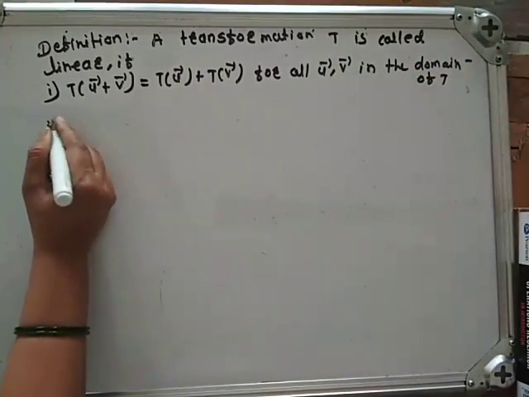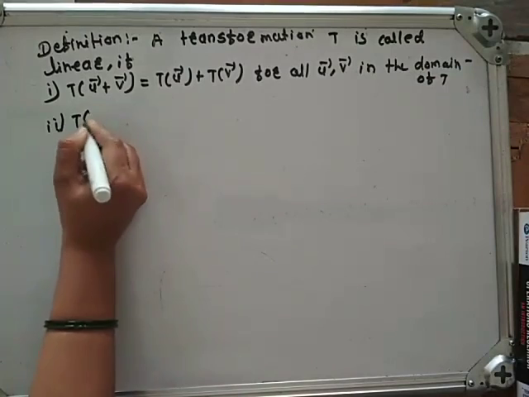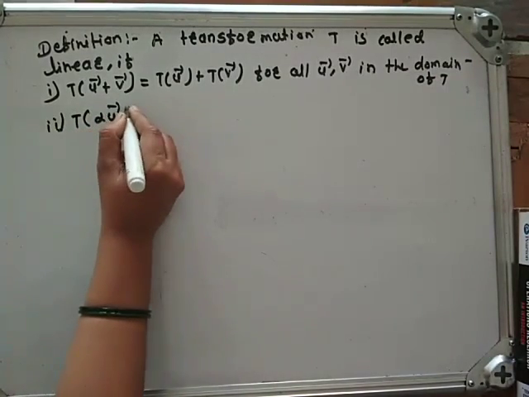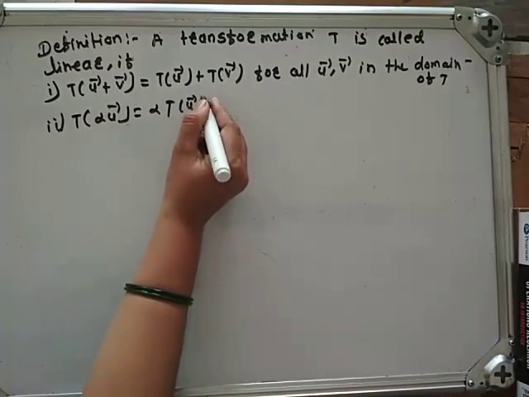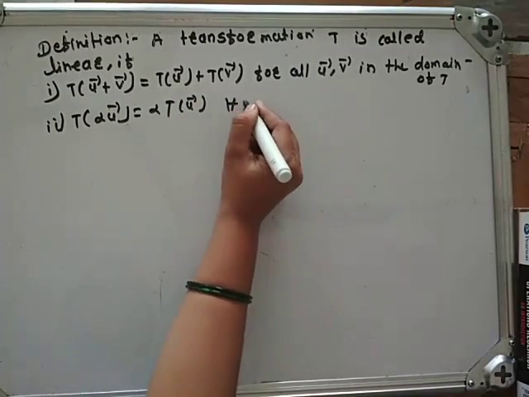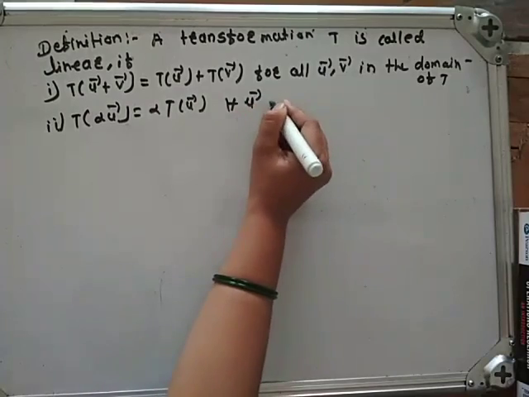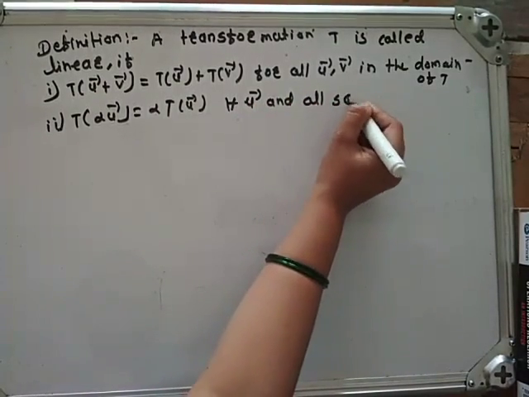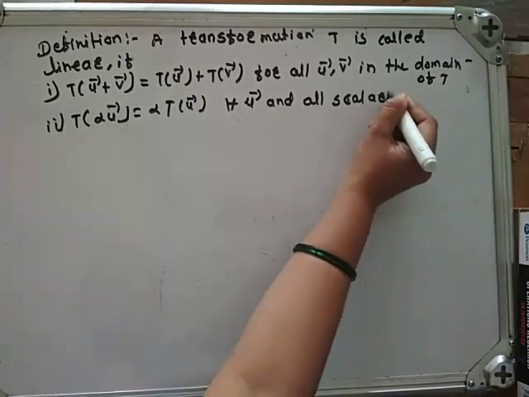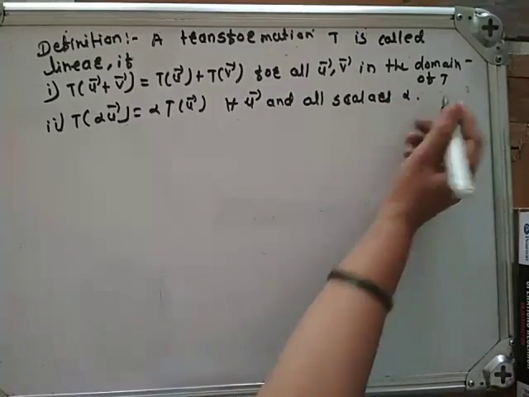And second is T of alpha u bar is equal to alpha into T of u bar for all u bar and all scalars alpha. Okay.